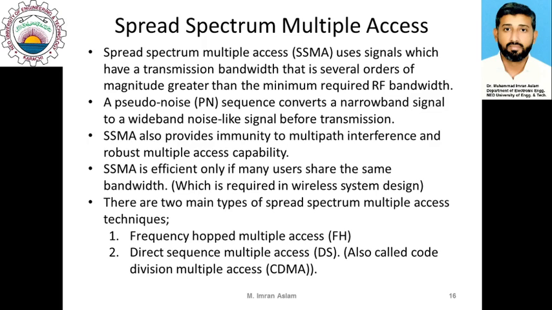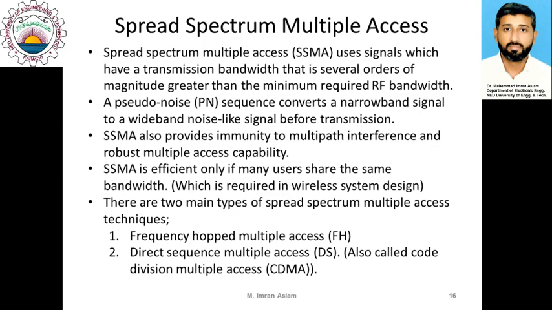For transmission, we generally require a relatively large bandwidth, much greater than the minimum required bandwidth. The signal is spread in the frequency domain by using a pseudo noise sequence. Pseudo noise is a random code or orthogonal random codes which converts a signal from a narrowband signal to a wideband signal, which appears as a noise-like signal to other systems.